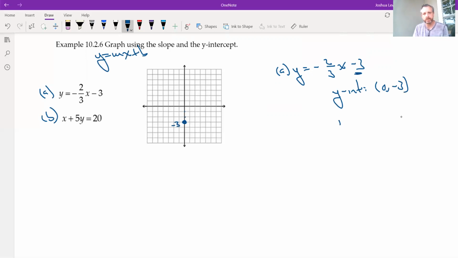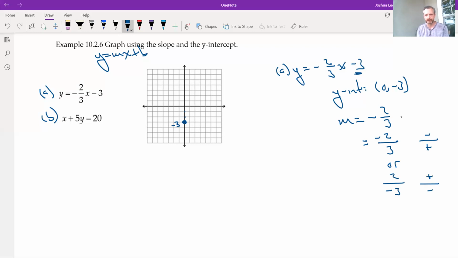My slope is negative 2/3. Now you decide where to put the negative. Again, we could go up and left, or we could go down and right. I'm going to put it in my numerator. Why not? So this is negative over positive. If I had done it the other way, 2 over negative 3, that would have been positive over negative.